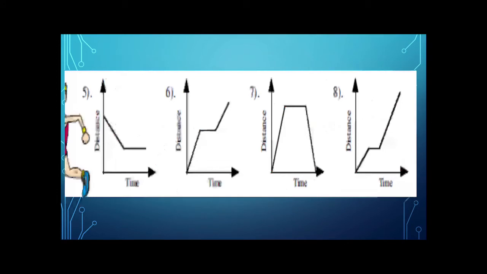Okay, this one here, question number 5, the same again. We've got two things going on. In this first section here, we are moving towards our starting point, that's our starting point there, or our origin, and we are moving towards that at a constant speed.